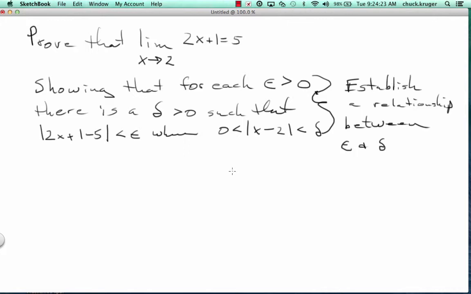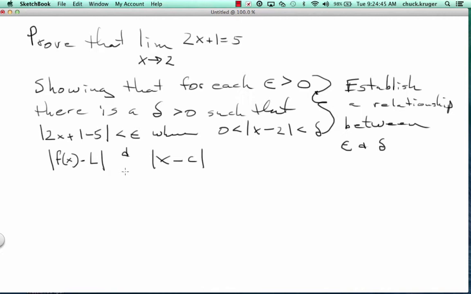So I am establishing a relationship between the absolute value of f of x minus L, that distance, and the distance between x and c. Remember, this is epsilon, this is delta. Well, I know this.